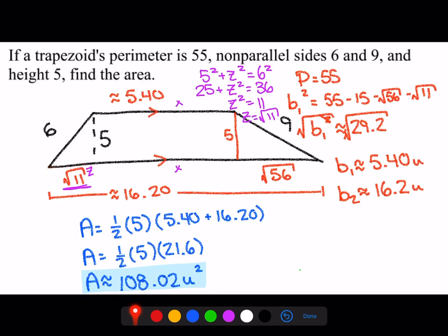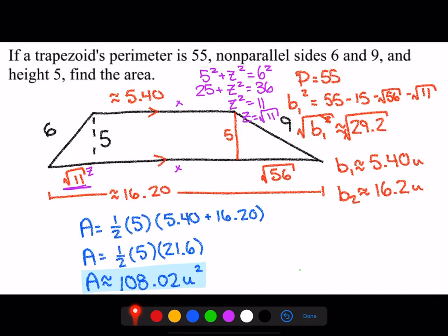So again, now I have b1 and b1, so b1 squared, because I'm just multiplying them, is equal to about 29.2. Now if I take the square root of both sides, I'm left with b1, base 1, this top portion, is equal to 5.4. That means that b2 is 5.4 plus radical 56 plus radical 11, which will give me about 16.2 units.